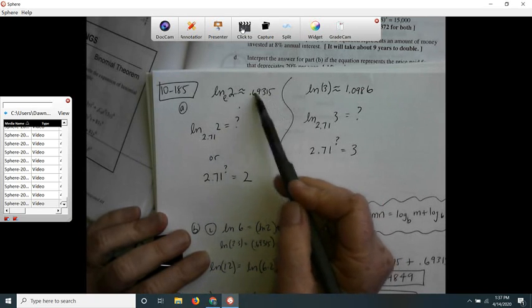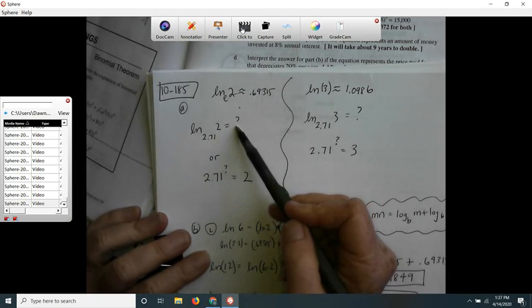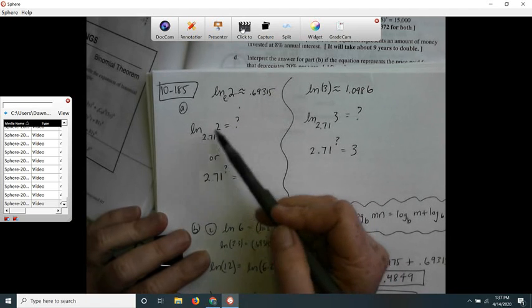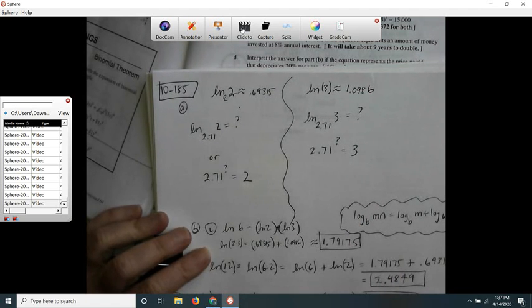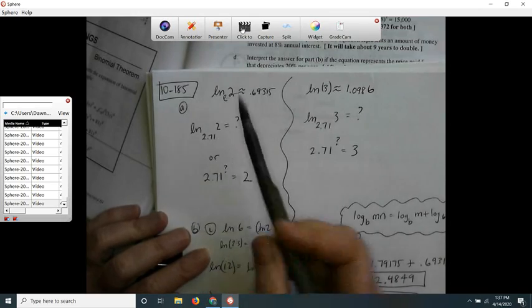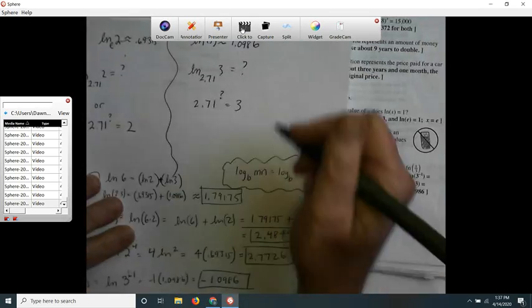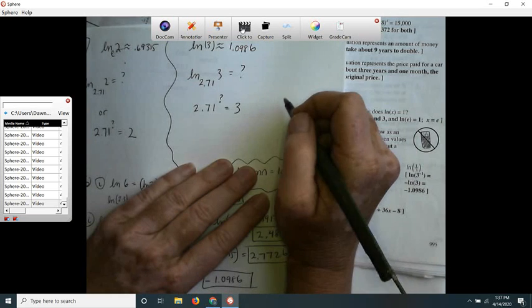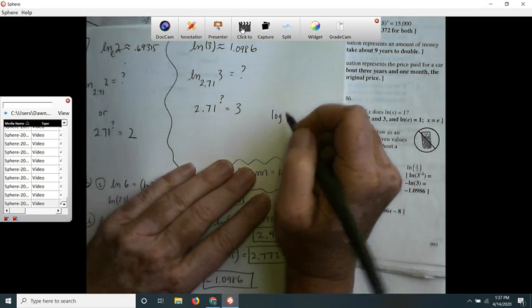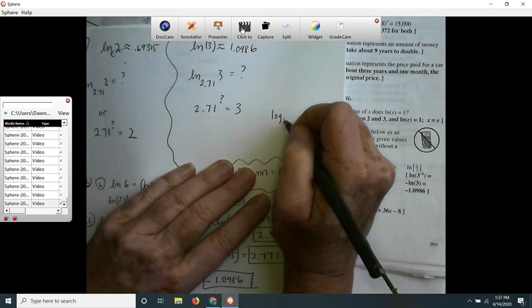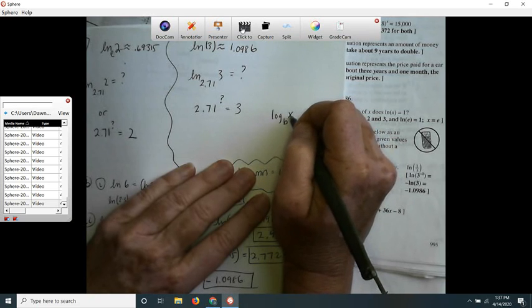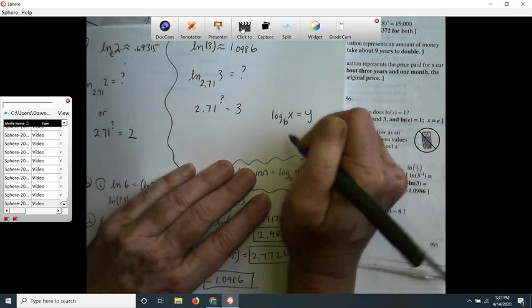Well, I mean, we know what it equals, but if you change this into exponential form, this is in logarithmic form, then I don't know if you remember that, but if I have log base b of x equals y, I can change that.